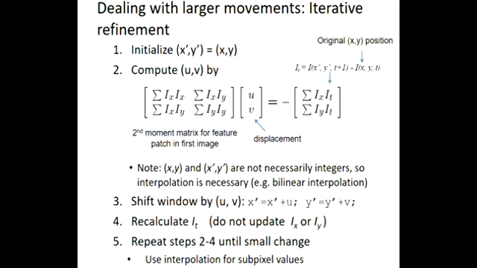When we just take the first derivative, when we're predicting I of t plus 1 just based on I of x, y, t plus the derivative in each direction, then we're making a big approximation. And if there's a large change, then that approximation may not be very good. In other words, if I'm trying to do this approximation and I've got a curve instead of a straight line, then my estimate is going to be off.